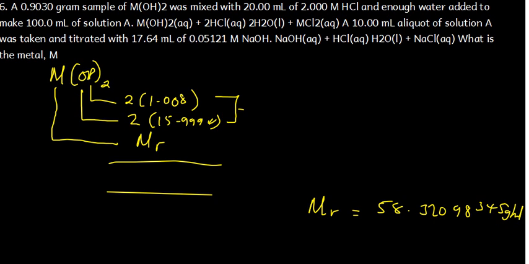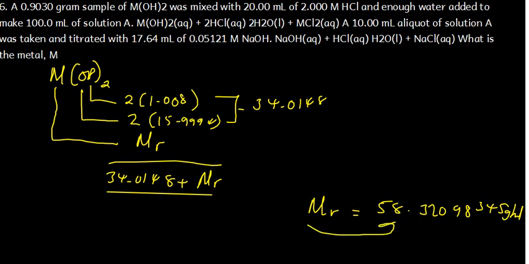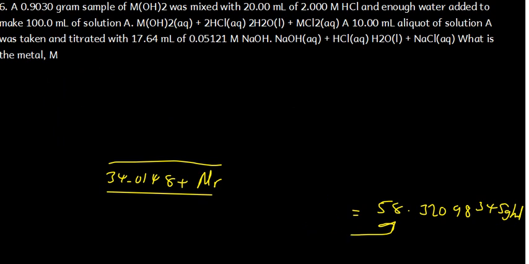We are supposed to find 34.0148. So this 34.0148 we are adding to the molar mass of M, which we don't know. And we know that this value is supposed to give us this value which is here. So we say 34.0148 plus molar mass is supposed to give us 58.32098345.